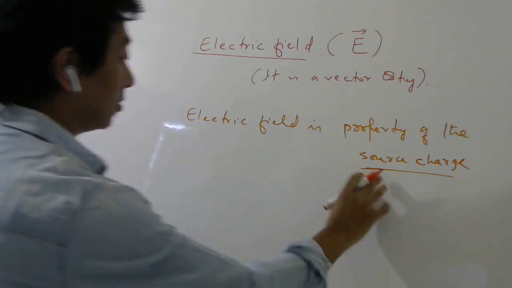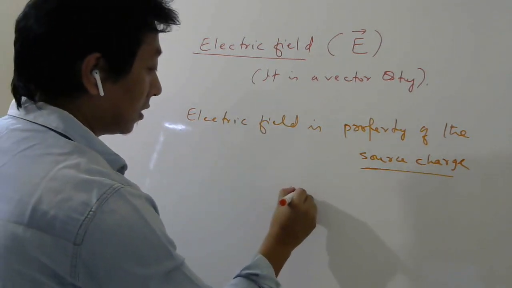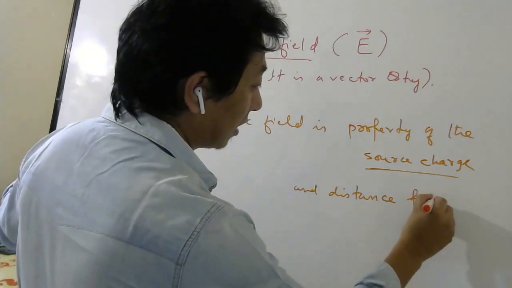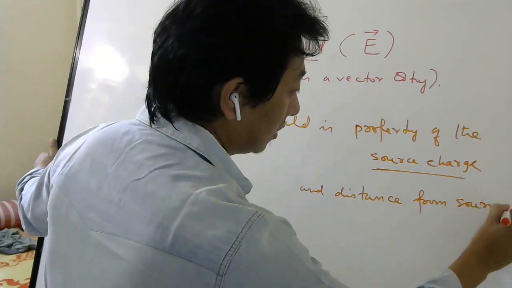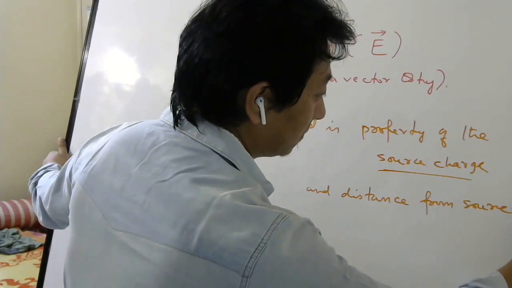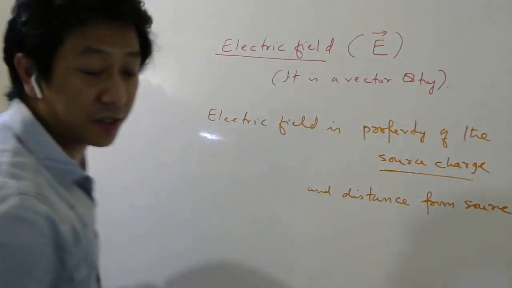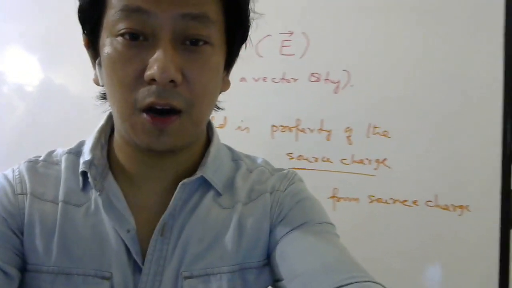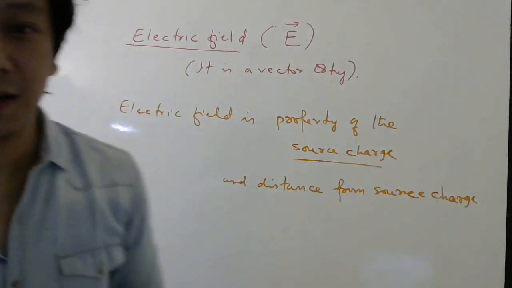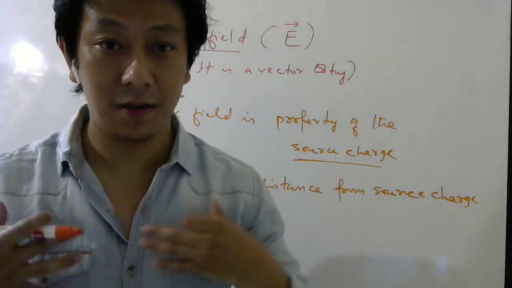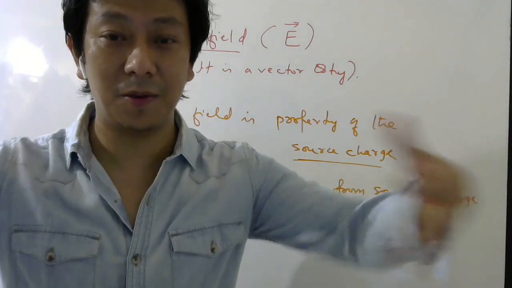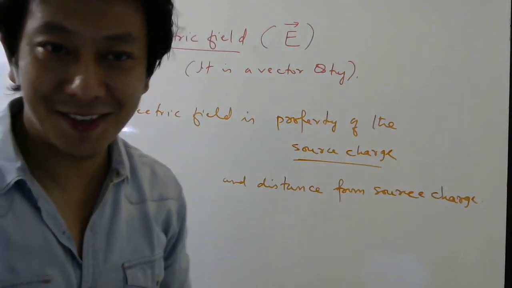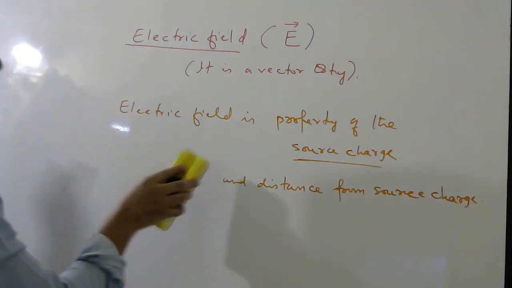Of course, it also will depend on the distance from the source charge. Yes or no? Like how much fragrance you will get will depend on how far you are from my body, right? Because I am the source of that fragrance. Yes, so this is very important.